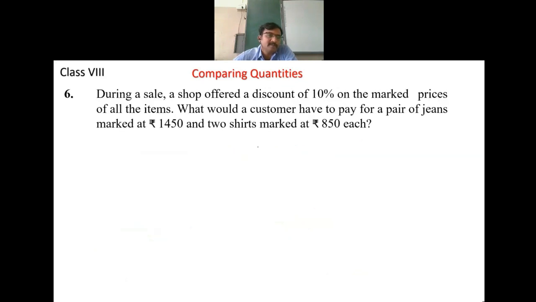All right. Question number 6. During a sale, a shop offered a discount of 10% on the market price of all the items. What would a customer have to pay for a pair of jeans marked at rupees 1450 and two shirts marked at rupees 850 each?